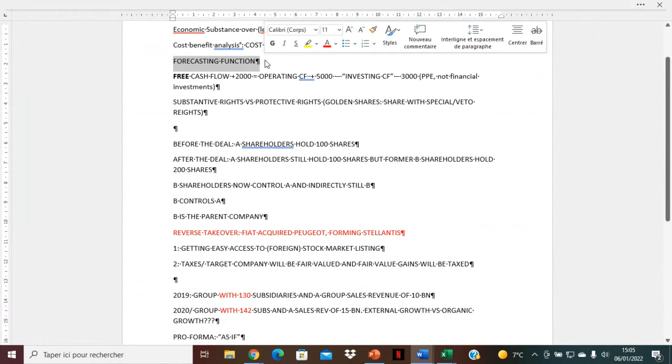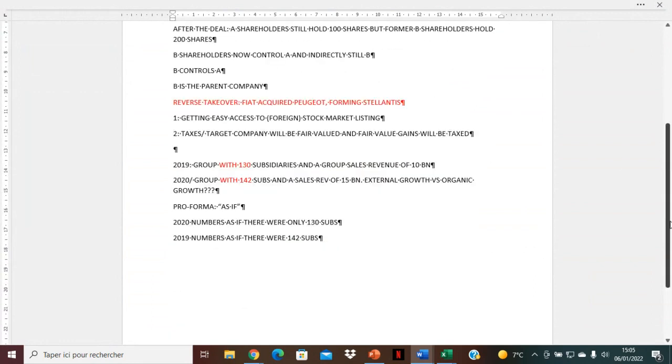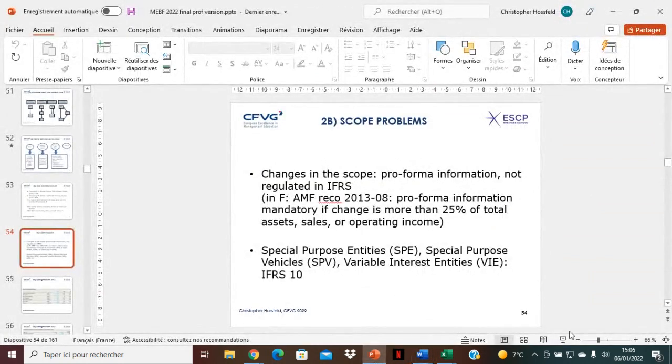We talked about this last time. I look at the 2020 and 2019 numbers in order to do a forecast for 2021. In 2021, the group is composed of 142 subsidiaries. So therefore, it's better to have 2019 numbers with 142, 2020 numbers with 142, and then I can do a forecast based on the 142. And therefore, that would be the better solution.